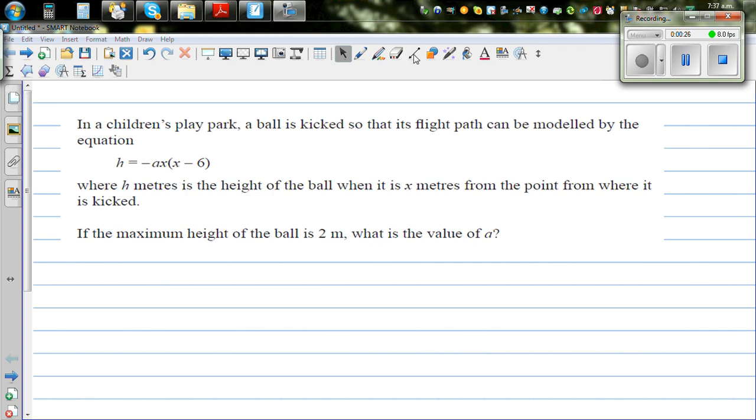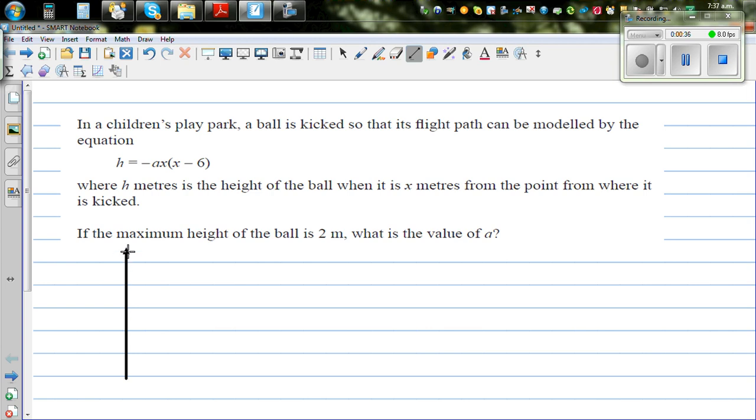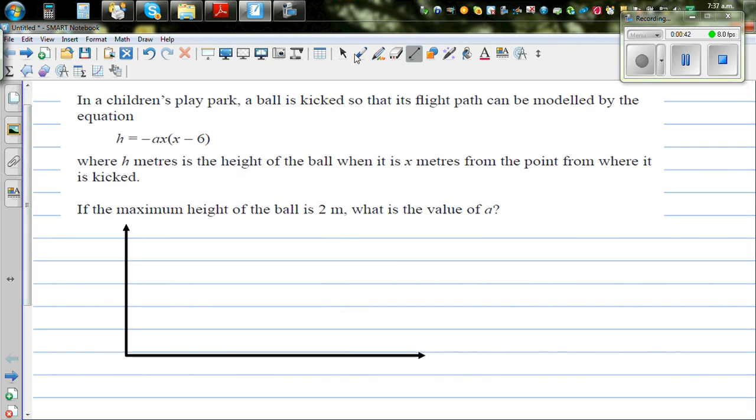So first, let's understand what the equation is all about. There is a ball being kicked. Suppose this is your y-axis and this is your x-axis. This is where the ball is kicked.